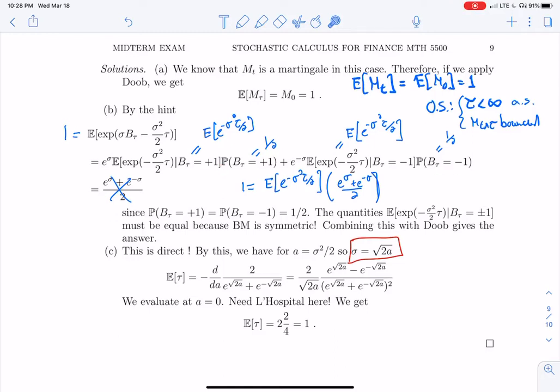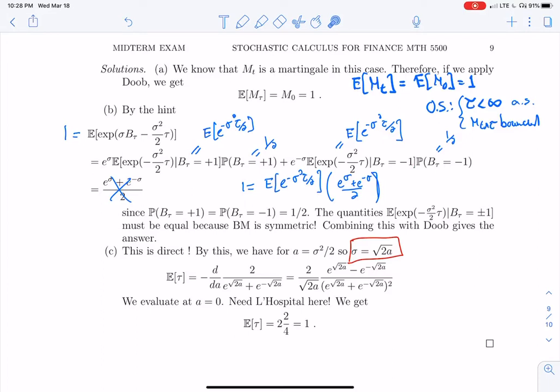Now, if beta is equal to +1, you get e to the sigma here, and for -1 you get e to the minus sigma. Now, the trick is to realize that Brownian motion is symmetric, so hitting +1 or -1 has probability 1/2 each. Okay, and the last step is to realize that the expectation of this given beta is equal to +1 and the other condition must be equal.